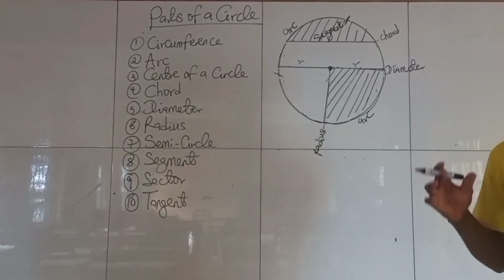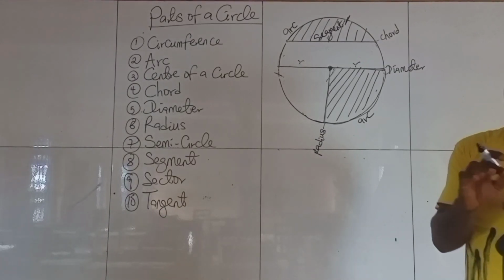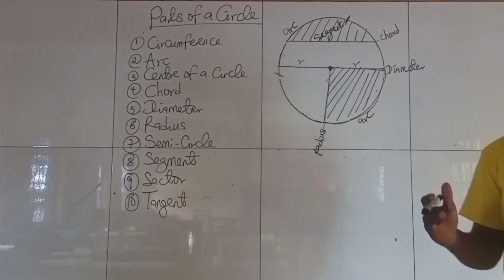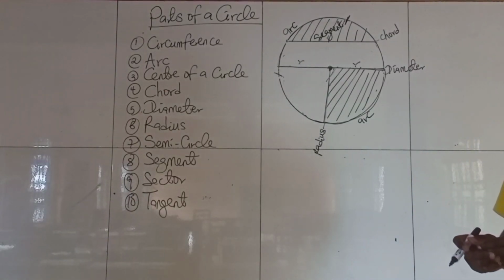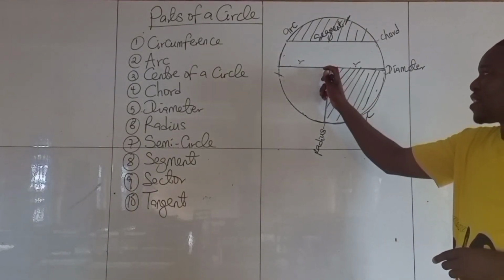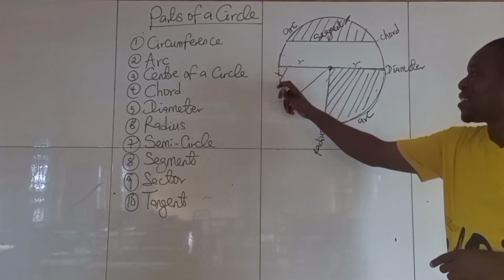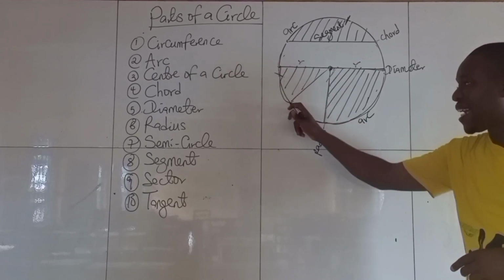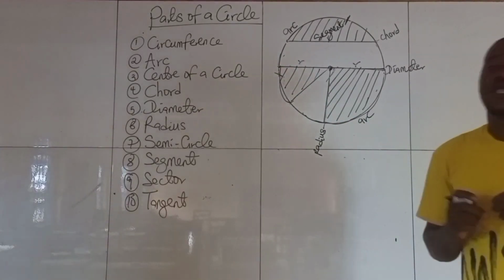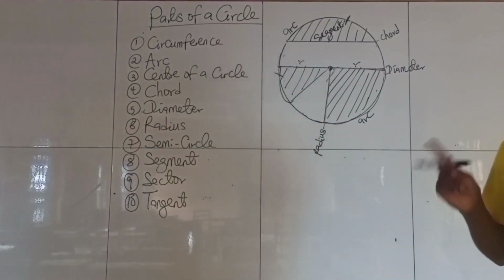So anytime you come to a circle and you bring out a part that is closed or enclosed by 2 radii and an arc, that is a sector. Of course, this is also a sector. Why is it a sector? One radius, an arc. So any space or region bounded by 2 radii and an arc is a sector.